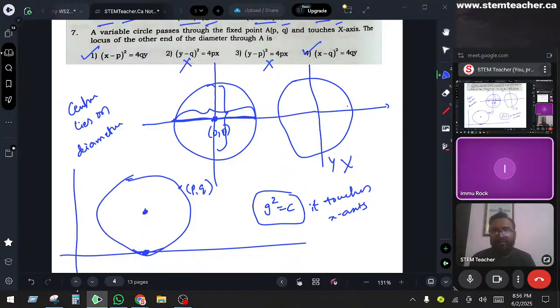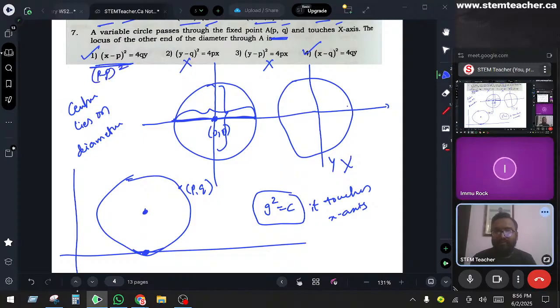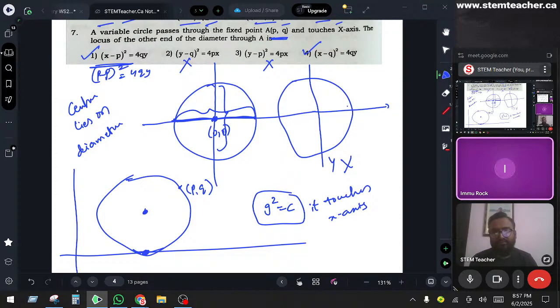p, q: xp minus p whole square is equal to 4q square, 4q p minus p, it is 0, 4q y. These have to be satisfied.